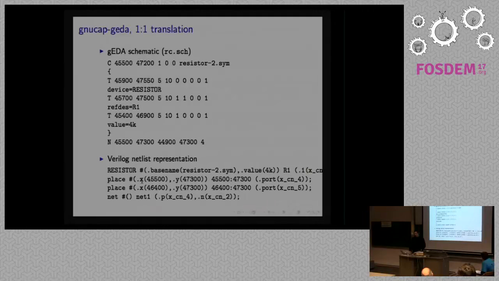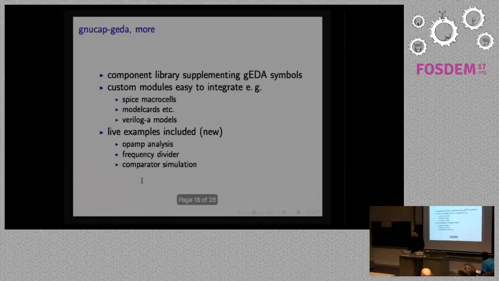These are used to express what we need to get the full schematic information covered in this Verilog list. Yeah, what else? I have started a component library that supplements the GDA symbols.